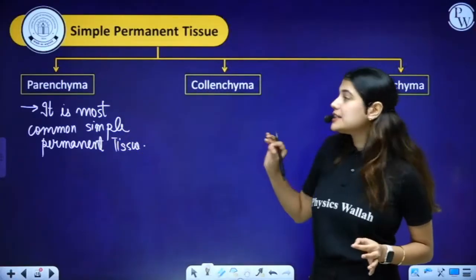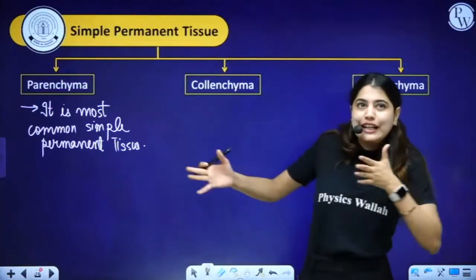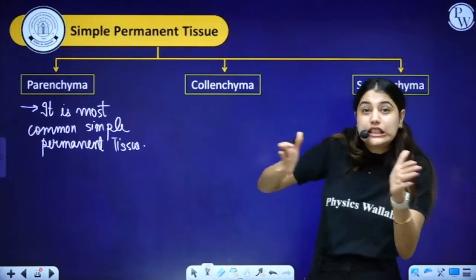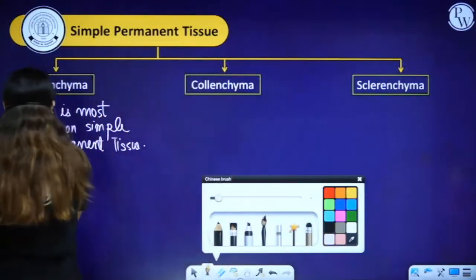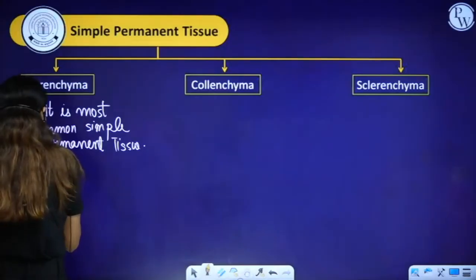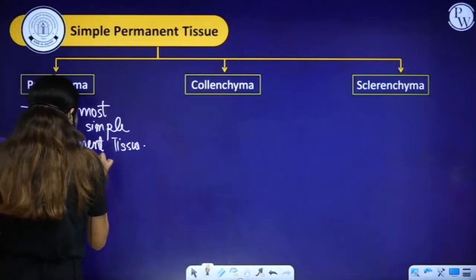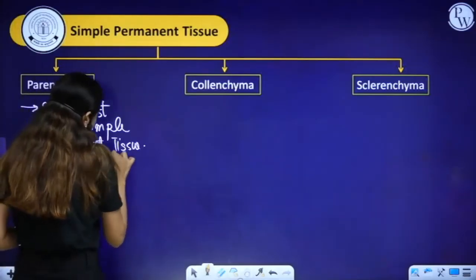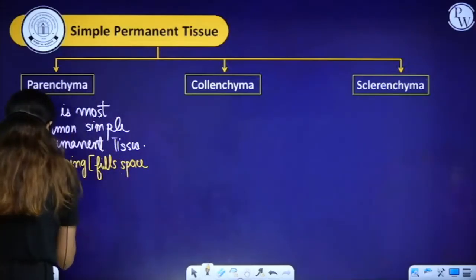Similarly, this parenchyma acts like a packaging tissue. It fills the space between the tissues.